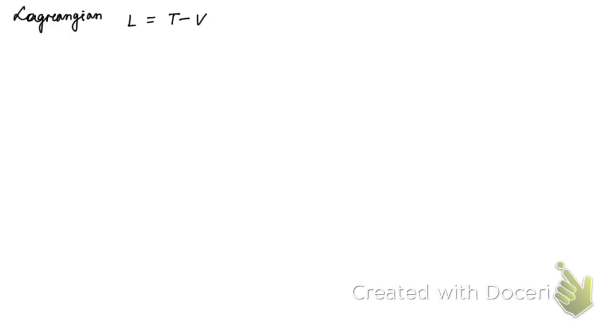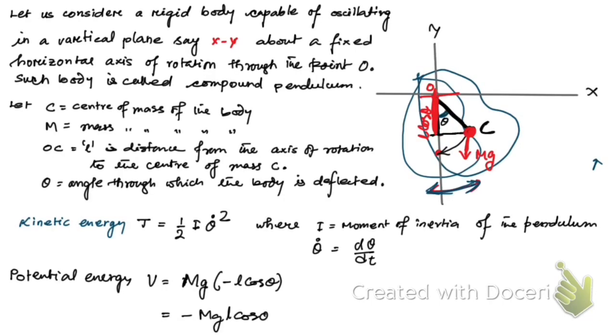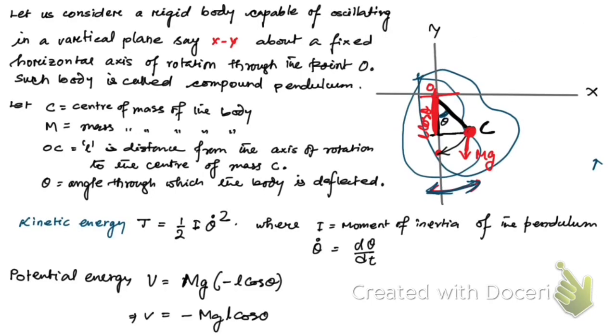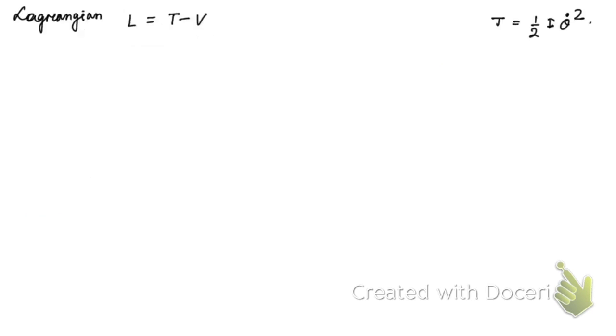So let me go back to the previous slide. What is the kinetic energy? Let me copy this expression of kinetic energy and potential energy, and write these expressions in the new slide. So here is the kinetic energy expression and here is the potential energy expression. Let us put this here.